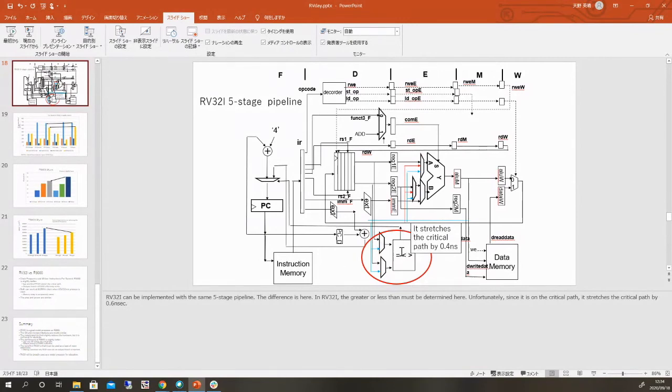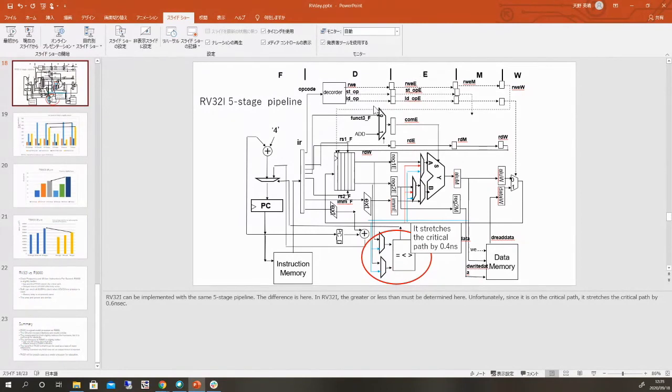So in order to solve this problem, we may move these instructions to this stage. Maybe the best solution I was suggested is to implement the equal and not-equal instructions in the decode stage, and the comparison instructions are executed in the next stage.